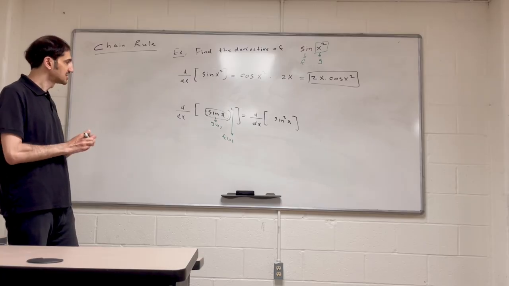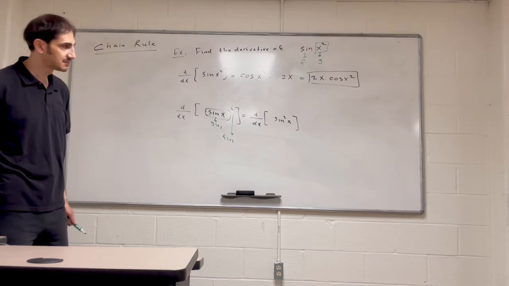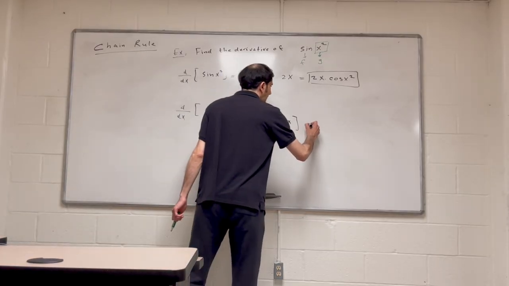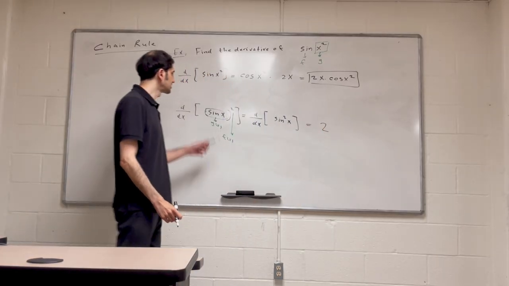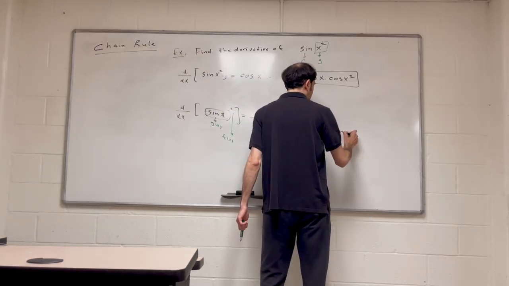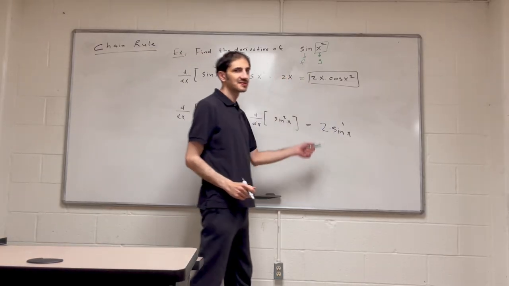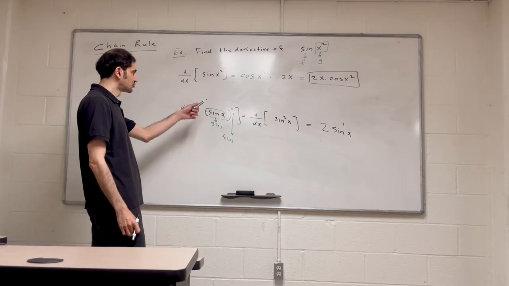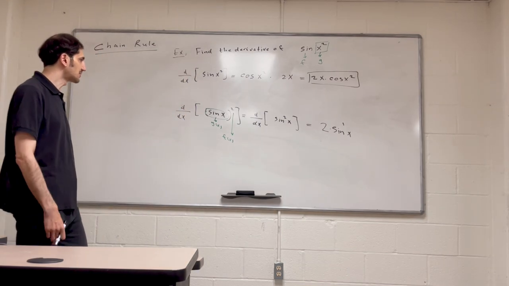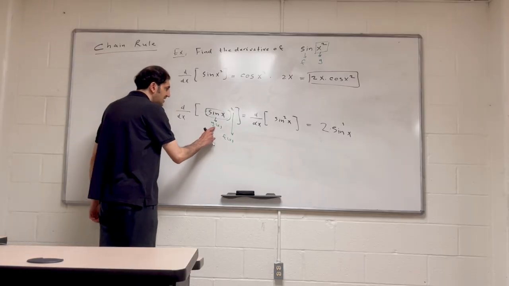And now if I want to apply the rule, I have to take the derivative of the outer function. I will write it here multiplied by sine x to the power of 1. Where did I get this one from? This is just 2 minus 1. This is the derivative of the outer function, multiplied by what? The derivative of the inner function.